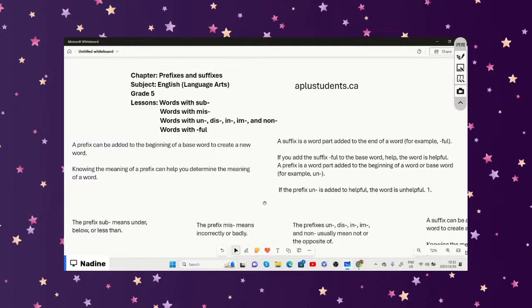For example, like full, right? And if you add the suffix full to a base word, and the base word is a word that can stand on its own. So if the base word is, for example, help, that is a word that can stand on its own. We know help can stand on its own, and we know what help means, right?